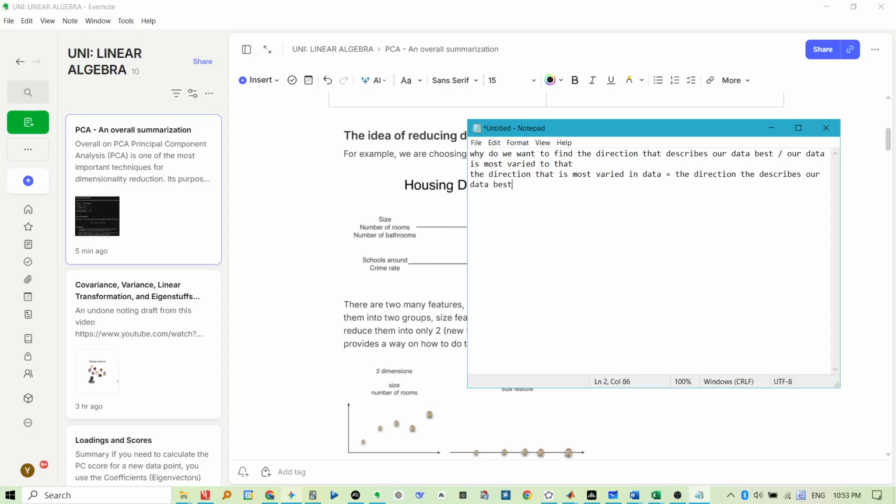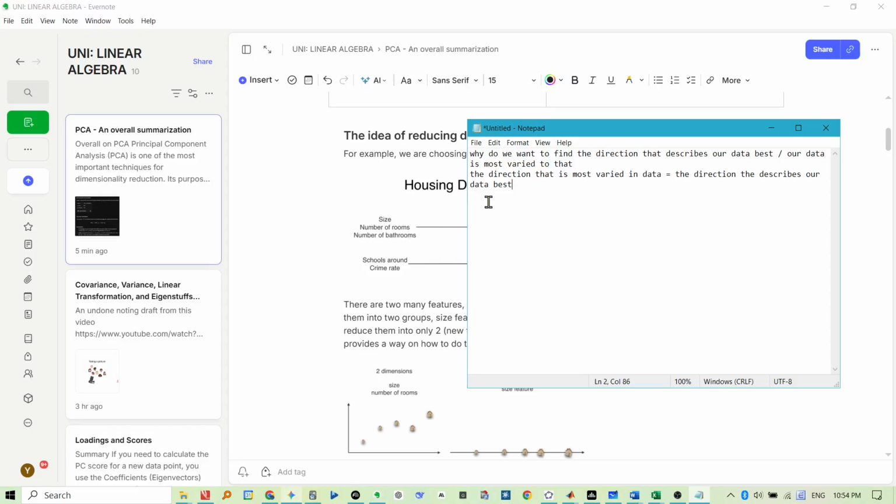Here, it's a strange thing. How can the direction in which our data is varied the most be the same thing as the direction in which our data can be described best?